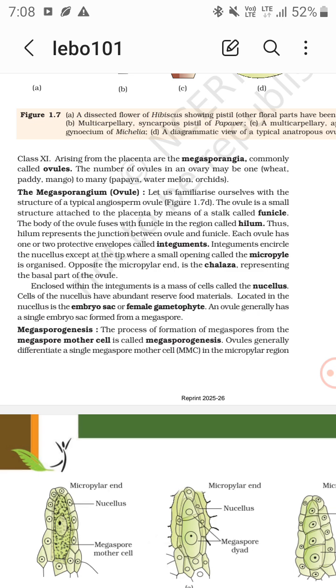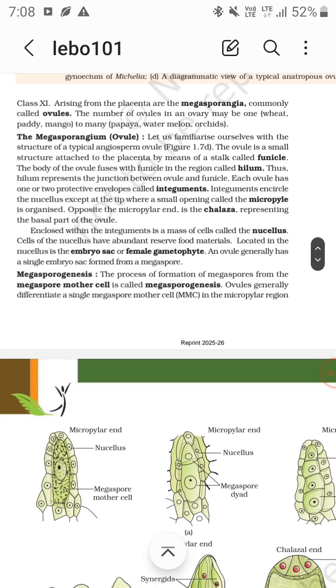Arising from the placenta are the megasporangia, which are the ovules. The number of ovules may be one, as in wheat, paddy and mango, or many, as in papaya, watermelon and orchids. They are the megasporangia, that is ovules. The ovule is a small structure attached to the placenta by means of a stalk, the funicle.